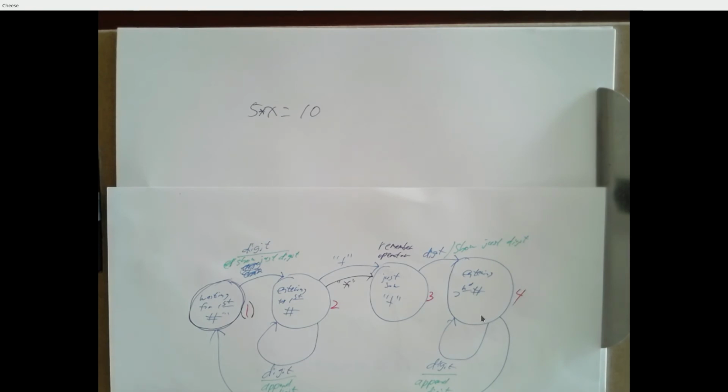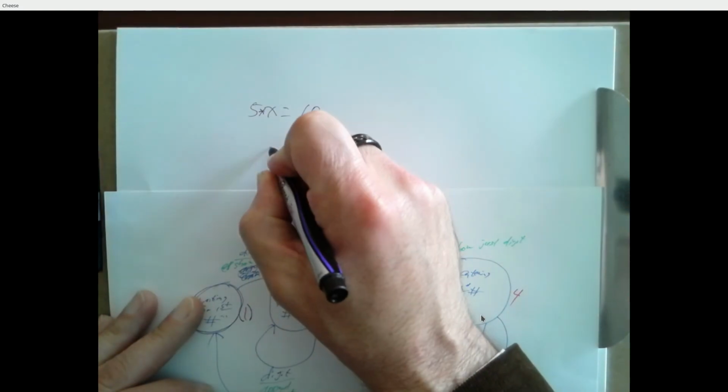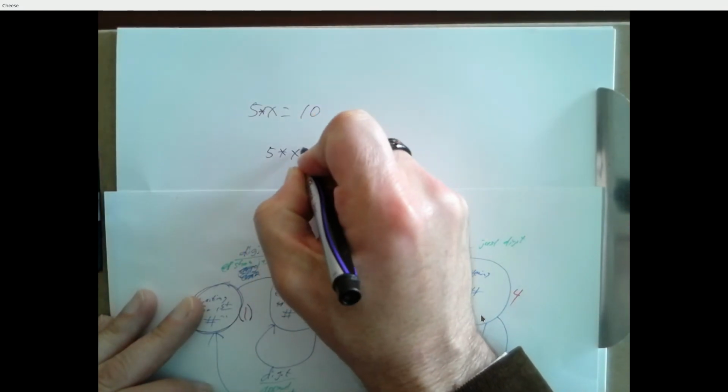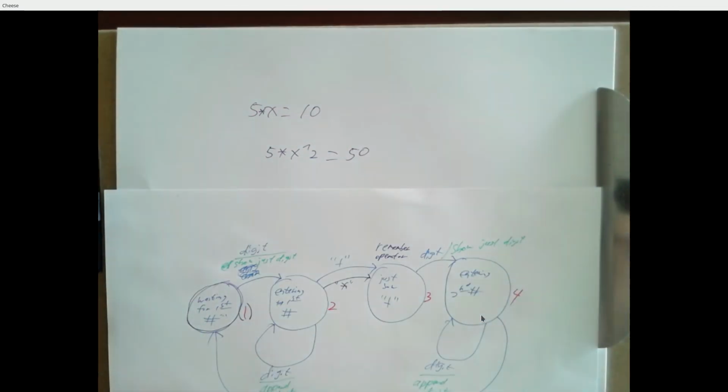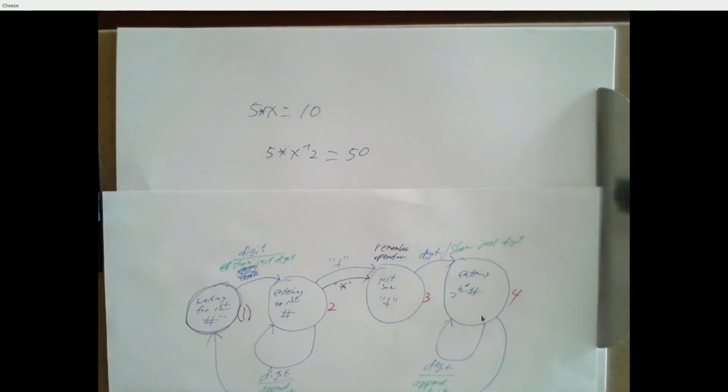But it's relatively tricky to write something that would understand that and say, you know, 5 times x squared equals 50. But it's definitely doable, right?